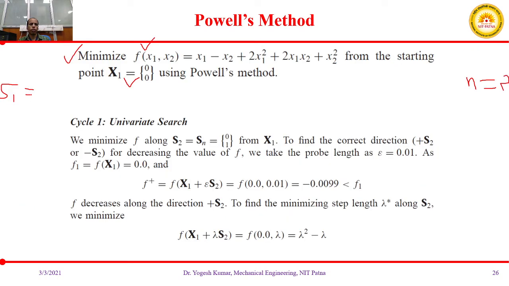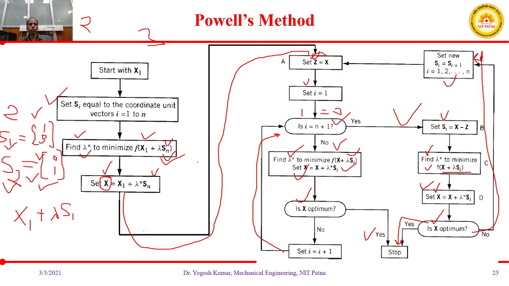One will be S1 and one will correspond to S2. Say for S1 you have (1, 0), and for S2 you have (0, 1). As stated in your flow diagram, first you will try to find the minimum along the search direction where S equals Sn.